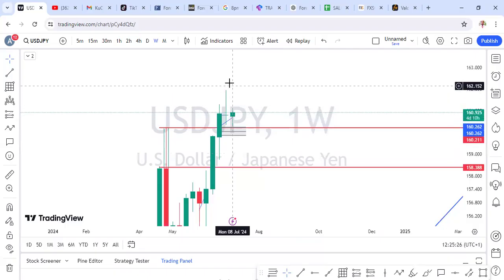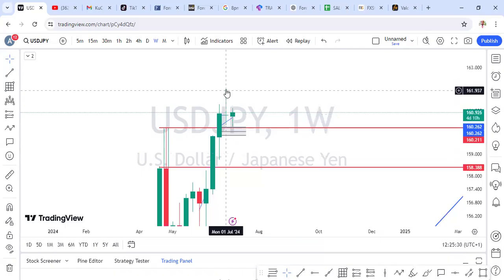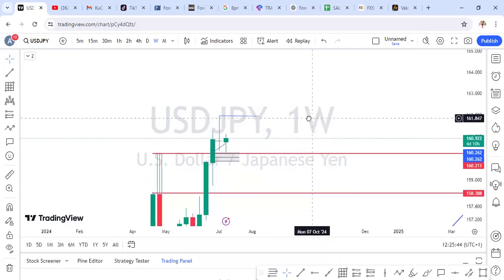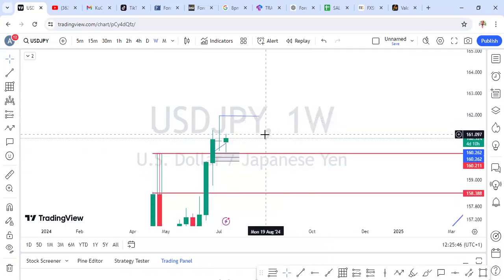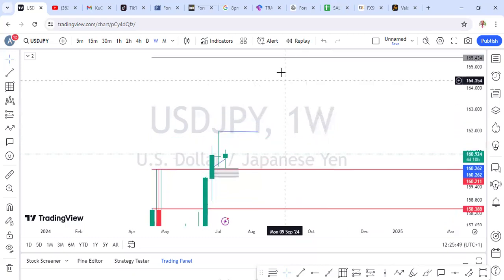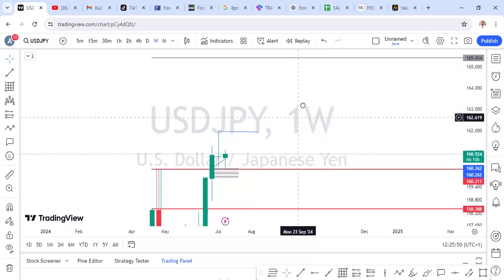One, we have a bullish week where price will take out this head. If we can see this week close above this head, then we know that the bullish is still intact, that we are coming to this place.